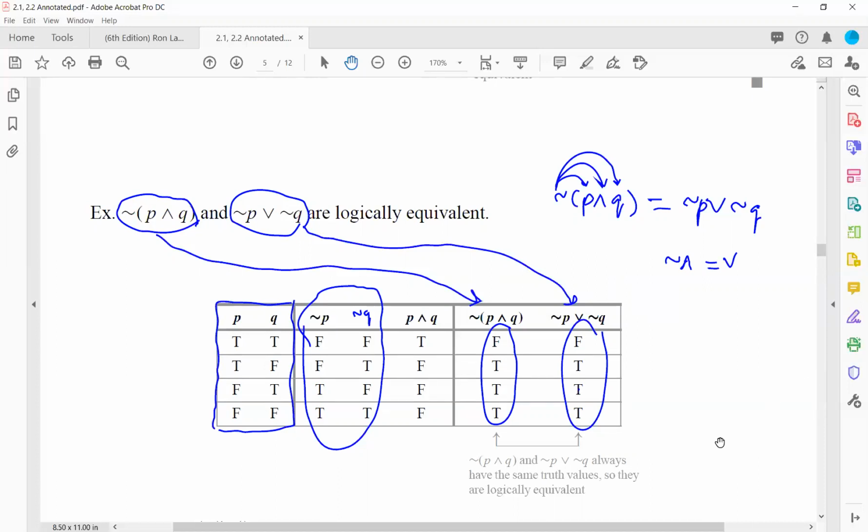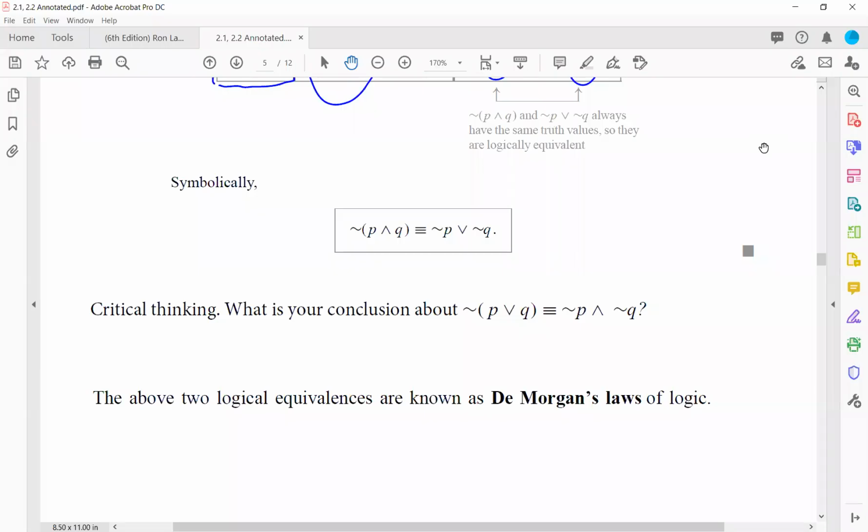We're going to talk about this. Just for now, note that the negation of and is or. So as you guessed, the negation of or is and. Symbolically, we write not (P and Q) is equivalent to not P or not Q.